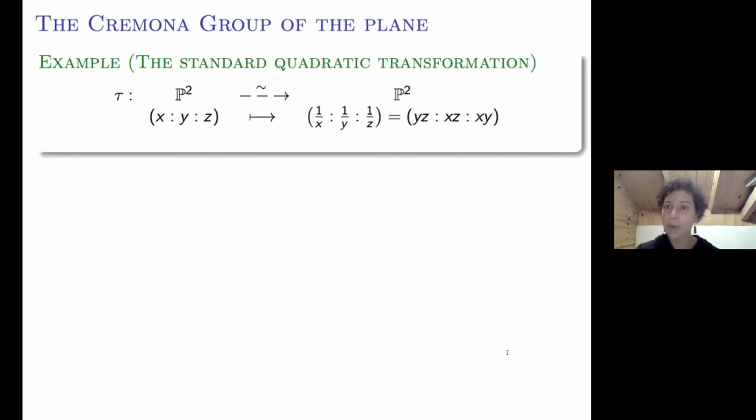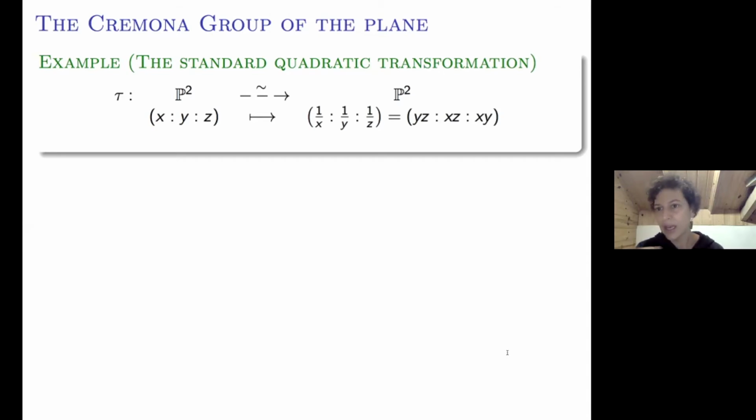And so, of course, the Cremona group contains the automorphism group, but it contains also other types of elements. So, for instance, this is an example of the simplest Cremona transformation of the plane which is not an automorphism. This is a map from P2 to P2 that sends a point with coordinates x, y, and z to 1 over x, 1 over y, 1 over z.